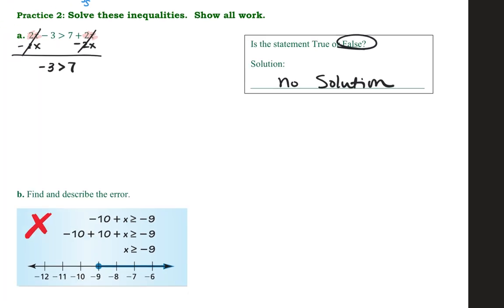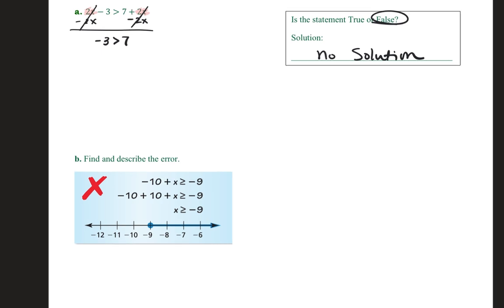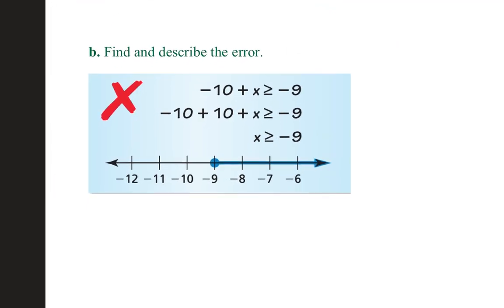All right, so let's look at this person's work. This person's work reads -10 plus x is greater than or equal to -9. They went ahead and added 10, and then they got x is greater than or equal to -9. Do y'all see where their mistake was made? They added it to this one, but they forgot to add it to the -9.